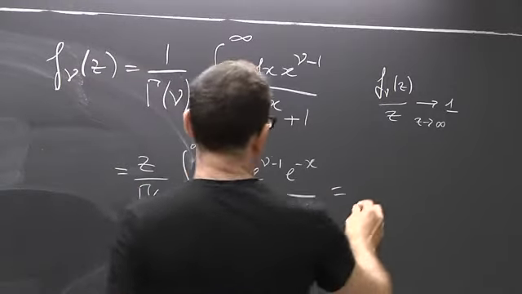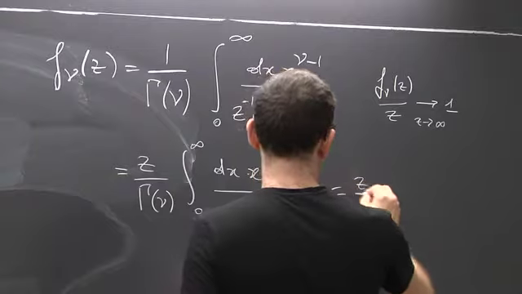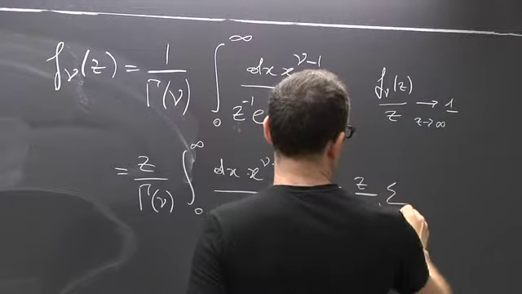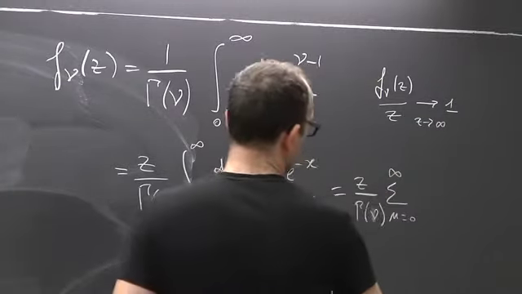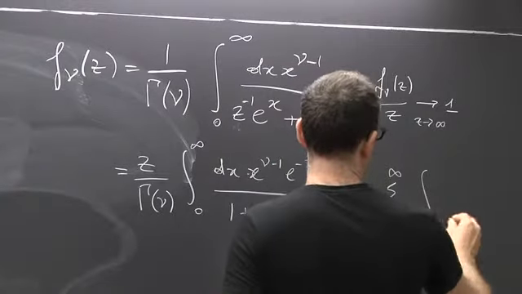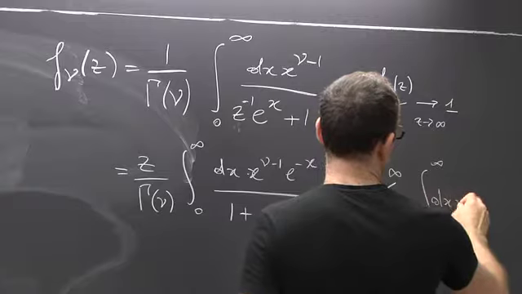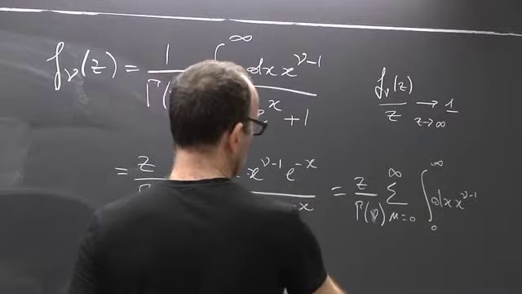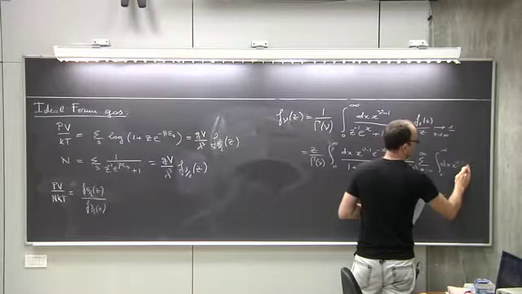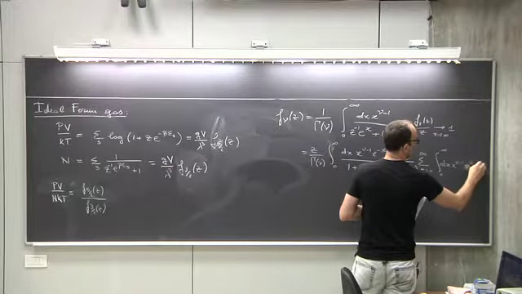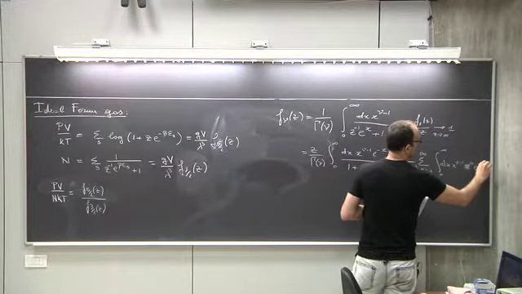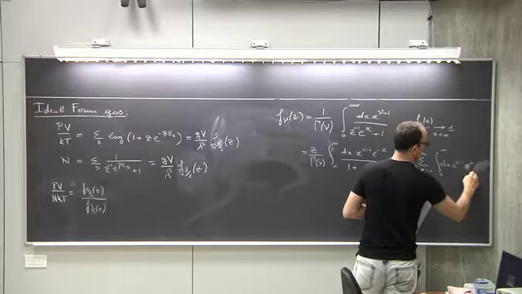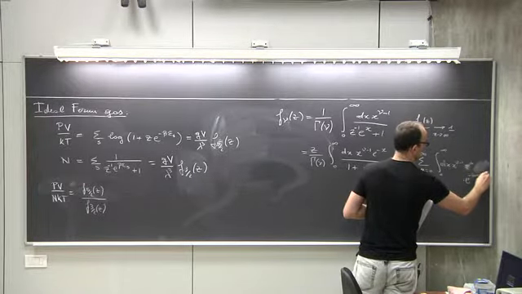So this will give you z over gamma of nu, sum n going from 0 to infinity of the integral from 0 to infinity dx x to the nu minus 1, and then you have z to the n, and then e to the minus n plus 1 times x.